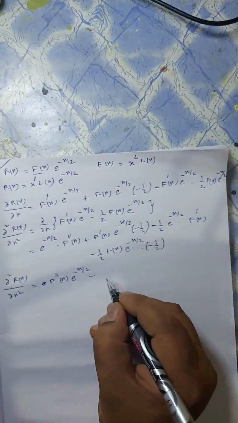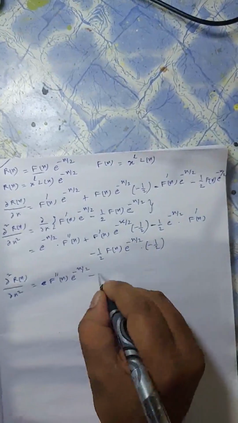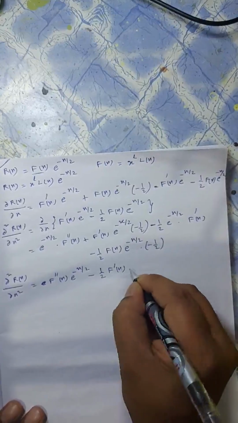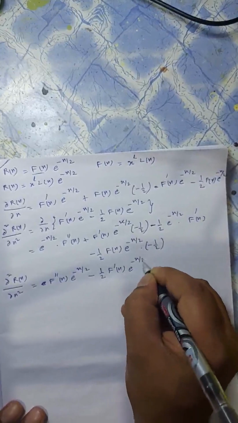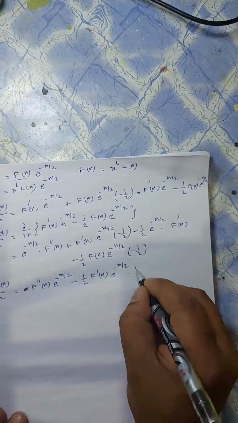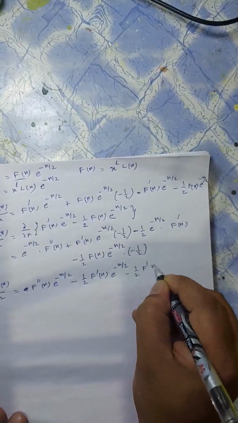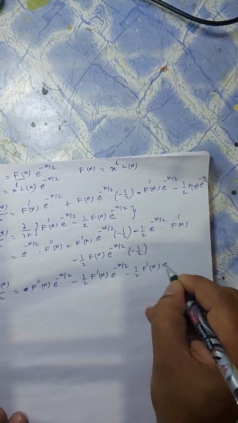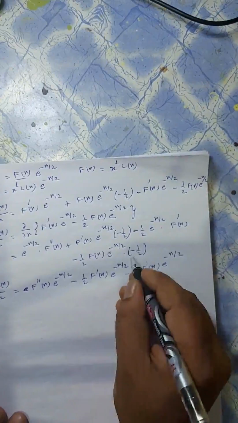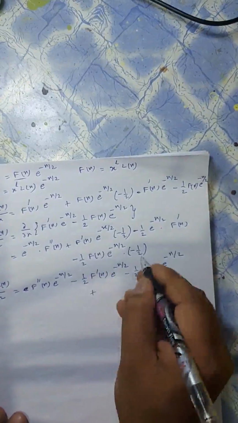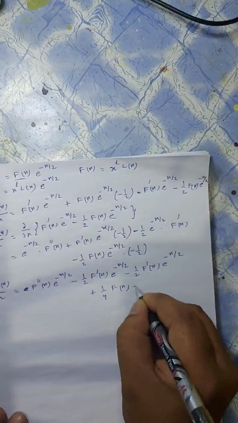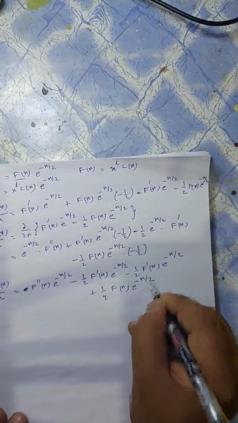Here is what we get, minus half F'(x) e to the power minus x by 2, then here minus half F'(x) e to the power minus x by 2, then minus minus plus, half into half is equal to 1 by 4 F(x) e to the power minus x by 2.